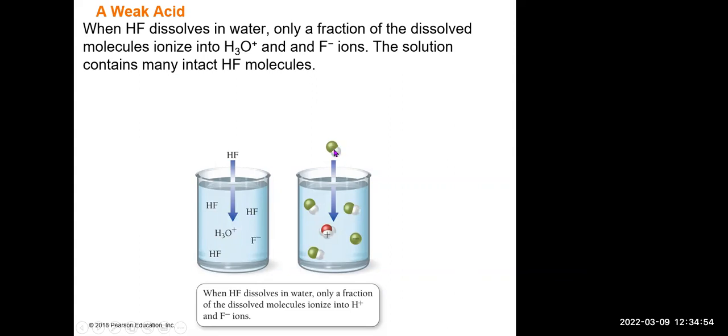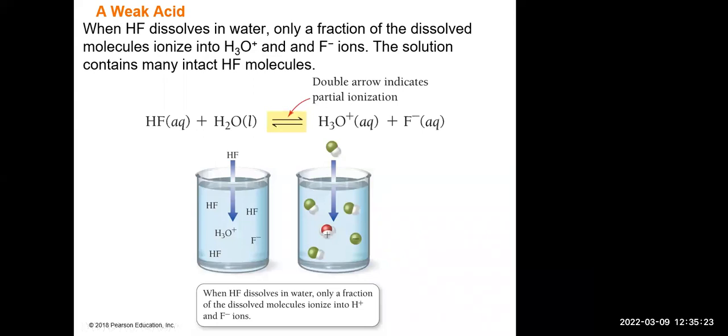The white one is H, the green one is F. So this is a molecule. You put that in water, and because this is a weak acid, most of them stay intact. They do not break apart. So you still have HF, HF, and this picture just shows you that out of 4, only one of them separates and becomes ions, even though it's not the right proportion.